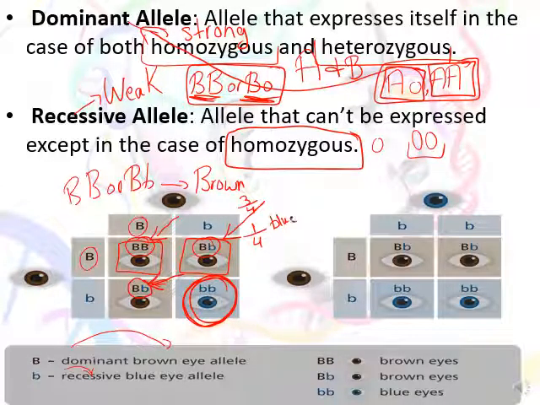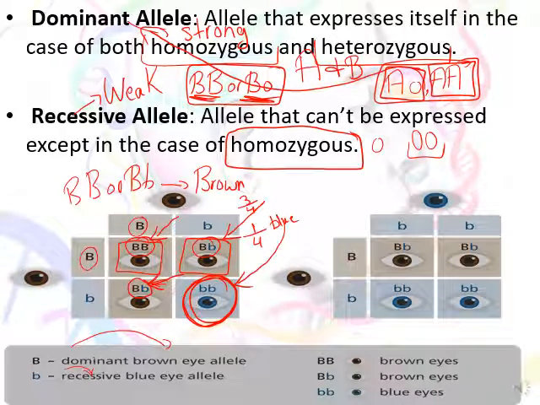So the recessive allele cannot be expressed unless in the case of homozygous. And here is the case. The blue eye allele cannot be expressed unless we have two alleles that code for the blue eye color.